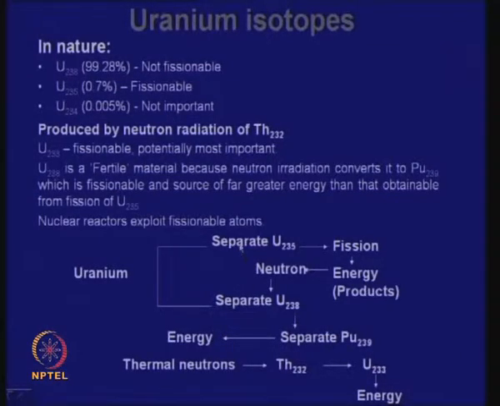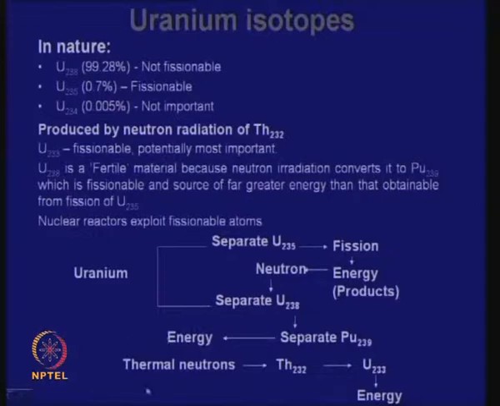So, in the first generation we will have a reactor working on uranium-235, then we will go to the next generation, where those thermal neutrons would be used to produce plutonium. Actually, in any reactor, whenever a fission reaction is taking place, plutonium is always being produced, and that is why plutonium extraction becomes a very critical process.